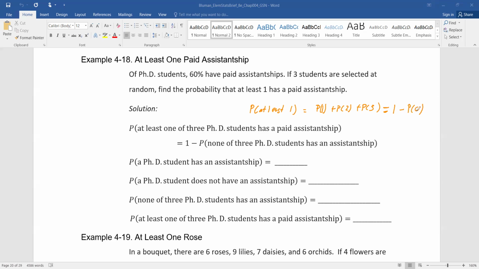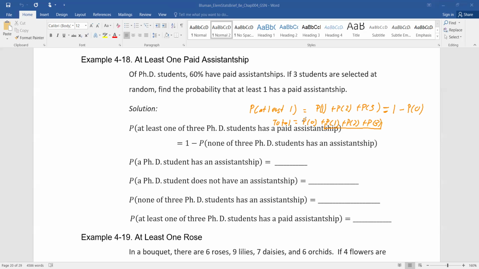If I can take that part out, then I'll get at least one or greater. Because technically, to find the total, you would have the probability of none, probability of one, probability of two, and the probability of three. So by taking out the none, I'll be left with the other three options.